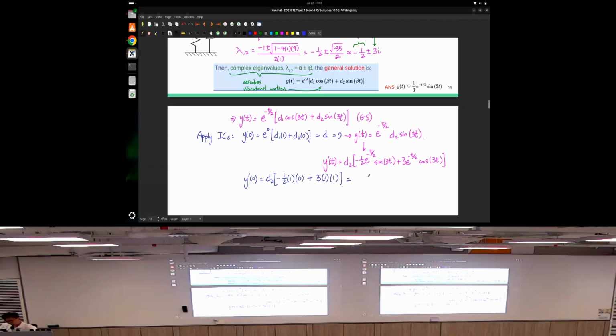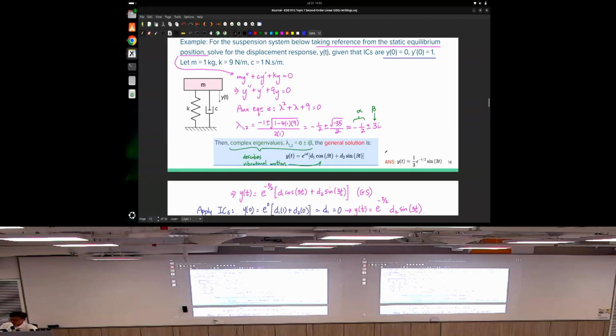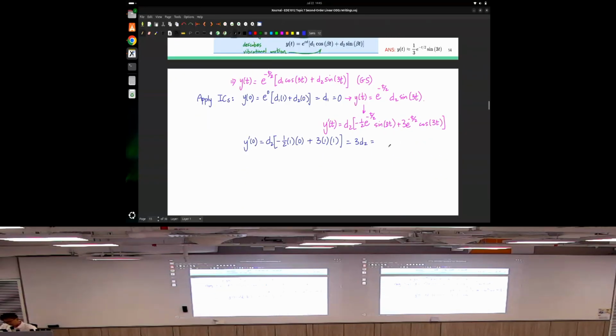So this will give you 3d2. So 3d2 must be what? 1, because the initial velocity is 1. So hence d2 will be 1/3. So there you have it, your particular solution: 1/3 e to the minus t over 2 times sine 3t. So that's the particular solution that we are looking for.